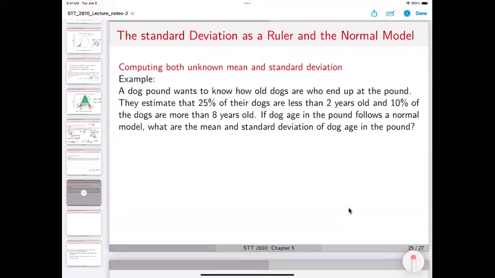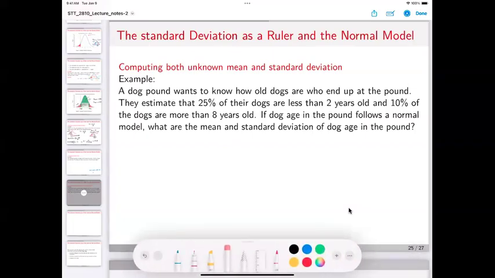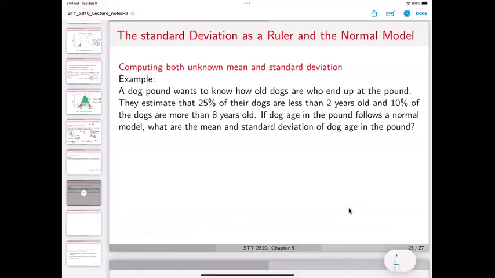What I want you to focus on is trying to get the z-scores. So let's try to get the z-scores.